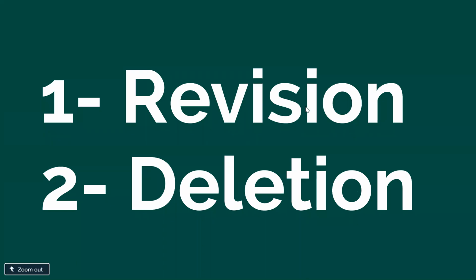If you are able to understand this, then you are able to understand the deletion. And if you understand these two, you understand the basic problems in linked list, right?